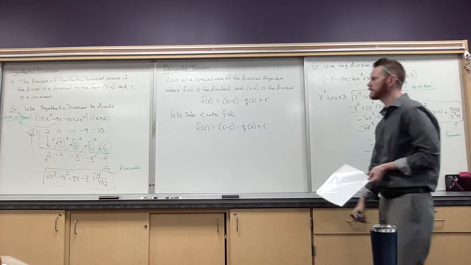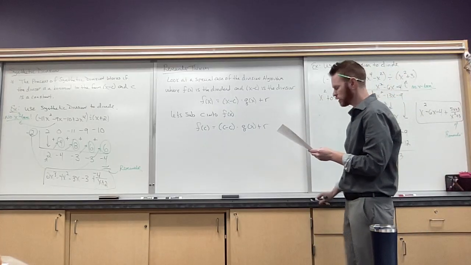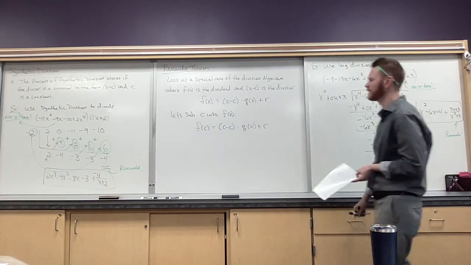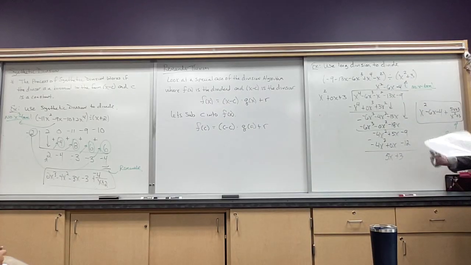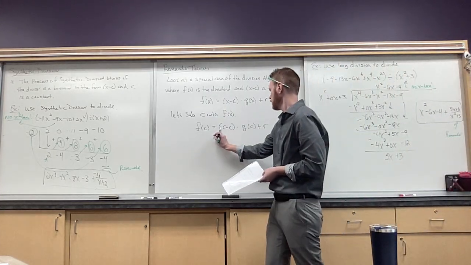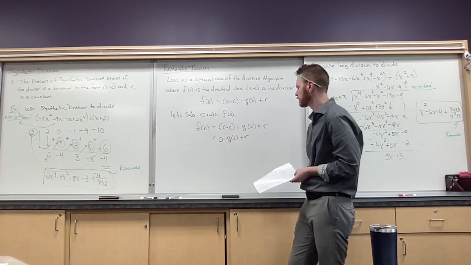Okay, so if I plug c in for x, you can notice that the first term is going to turn to 0. C minus c is 0. So this gives me 0 times q of c plus r.